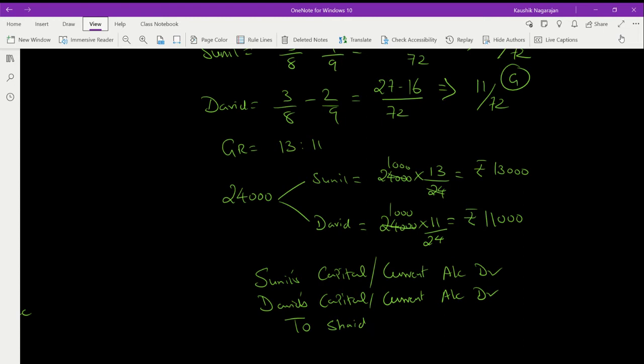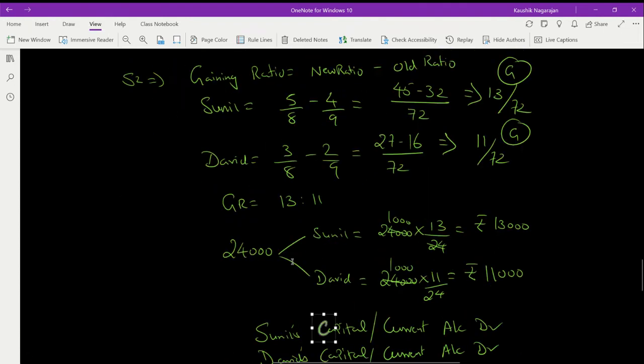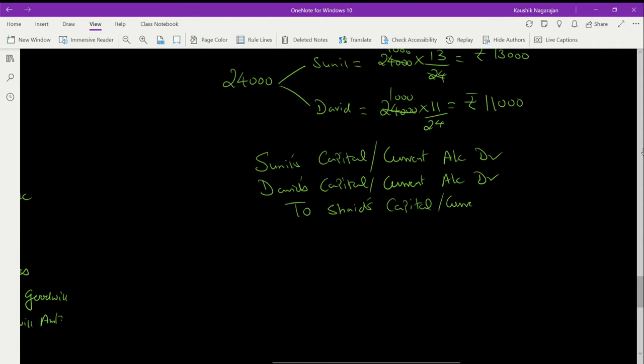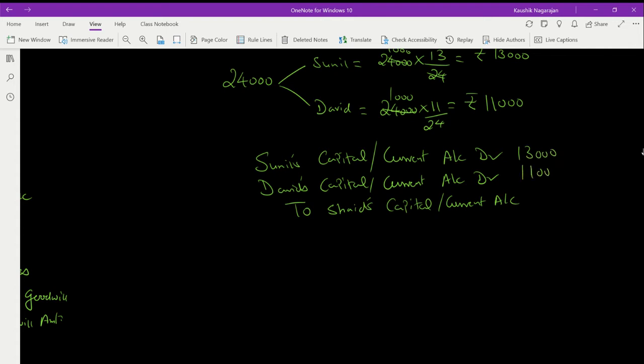What is Shahid's value that we derived? It was 24,000, right? So to Shahid's capital or current account. That means partner Sunil has to pay 13,000 rupees, David has to pay 11,000 rupees, and totally 24,000 rupees has got settled to the retiring partner.